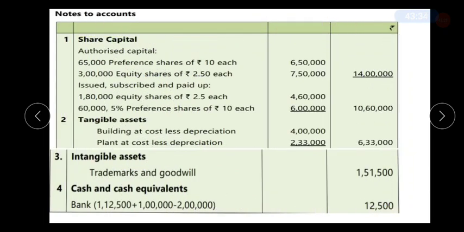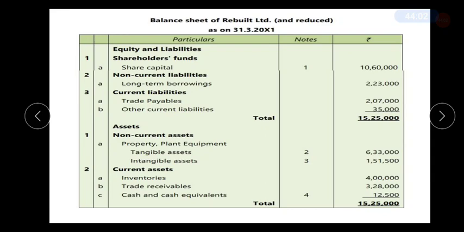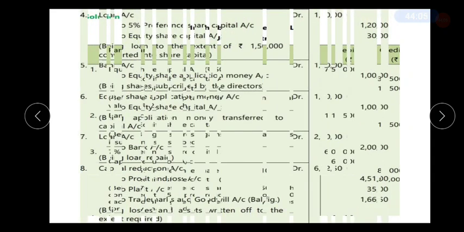So tangible assets. What tangible assets do we have? If you look at the balance sheet, we have building and no change is made with respect to building. What is given in the balance sheet? Building 4 lakh. We have taken the same 4 lakh here. But with respect to plant, we have reduced the value. So there was an overvaluation of plant, right? That is 35,000 is reduced. What was the value of plant earlier?